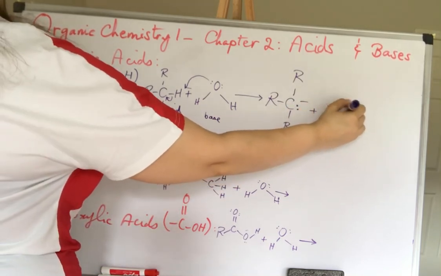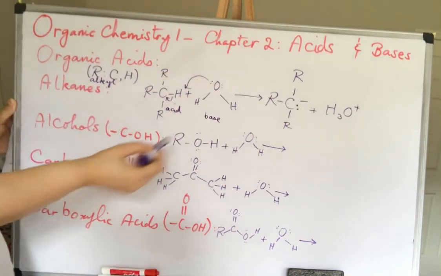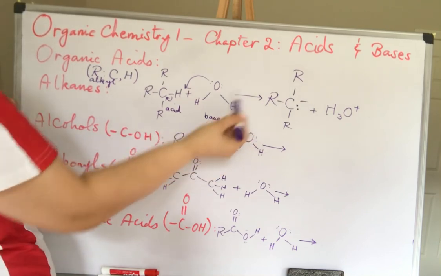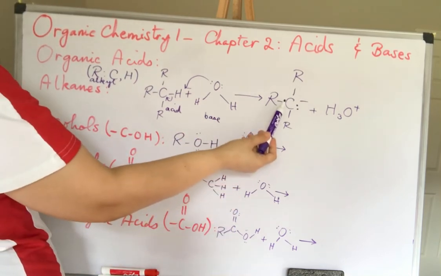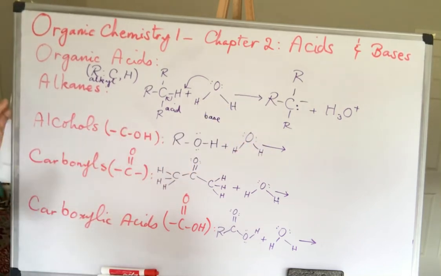Now, if we want to talk about the acidity of this group, this anion is called carbanion. It's not a stable anion.